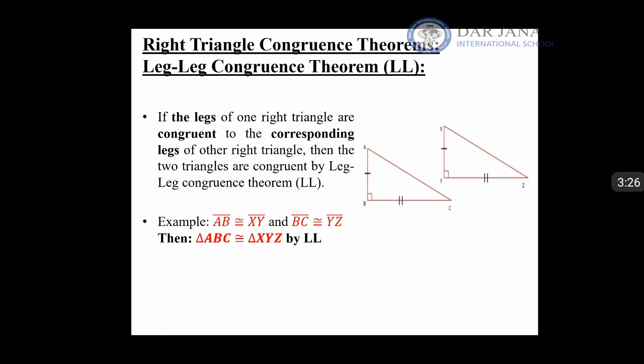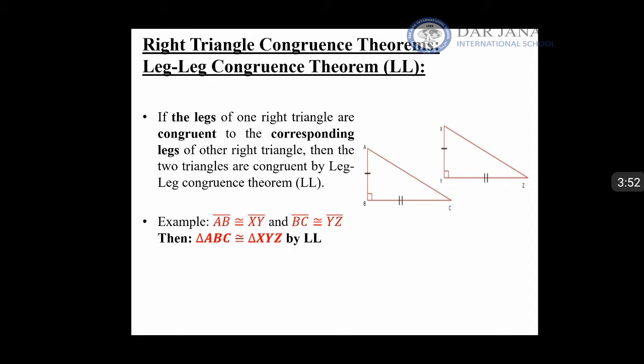The first theorem in order to prove two right triangles are congruent is the leg congruence theorem. If the two legs of one right triangle are congruent to the corresponding legs of the other right triangle, then the two triangles are congruent by the leg congruence theorem.